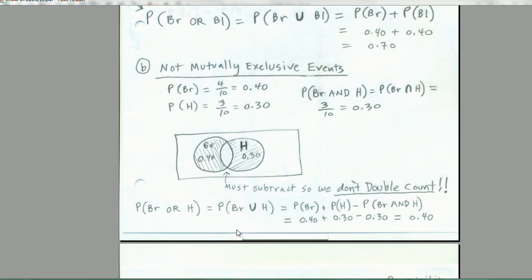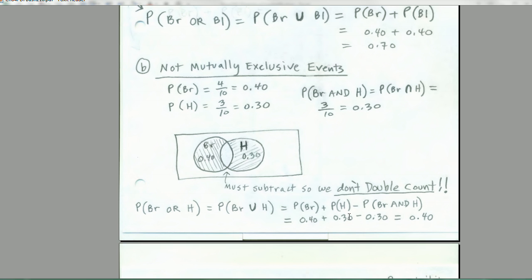The textbook will refer to it as probability of brown hair union hazel eyes. We simply add the two, and don't forget to subtract the and, the little bit in the middle, so we don't double count. So in this case, we would go ahead and get 0.4 plus 0.3 minus 0.3.